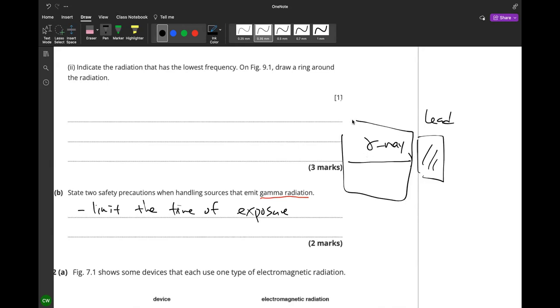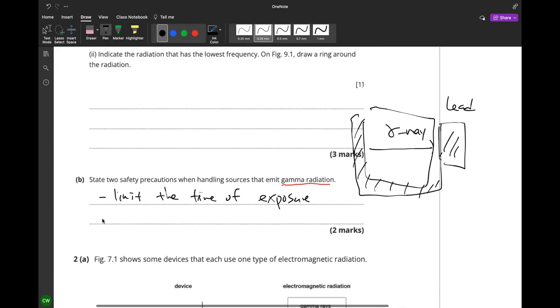When you store it, you have to be very careful. You have to make sure that it's stored in a lead container.